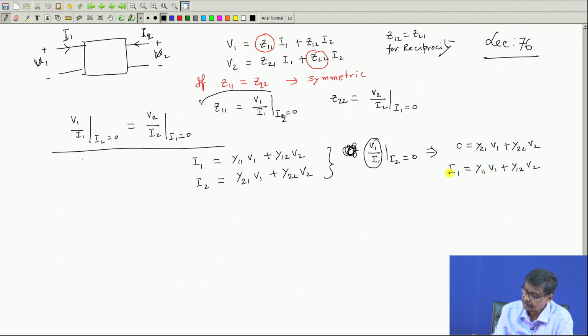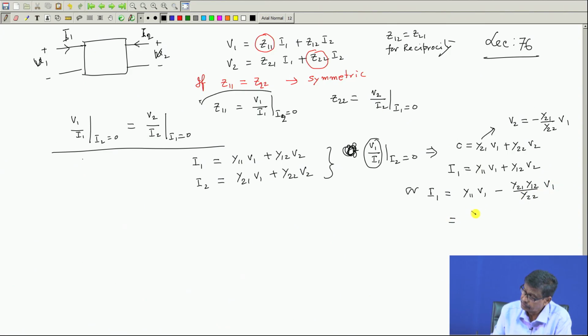So, V1 is there, I1 is there, but here is a V2, and this V2 I will calculate from the first equation as V2 equal to minus Y21 by Y22 into V1, and substitute here. So I1 is equal to Y11 V1, and for V2 you substitute this, which becomes minus Y21 Y12 by Y22 into V1.